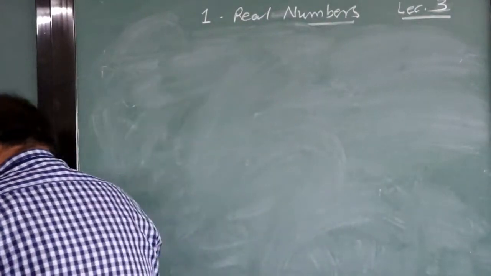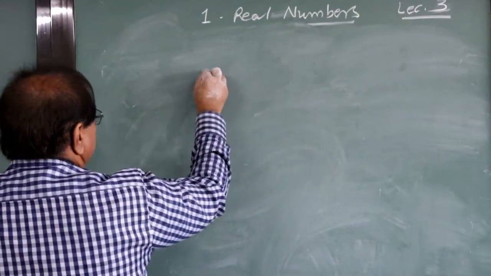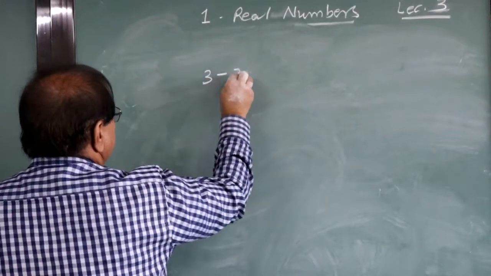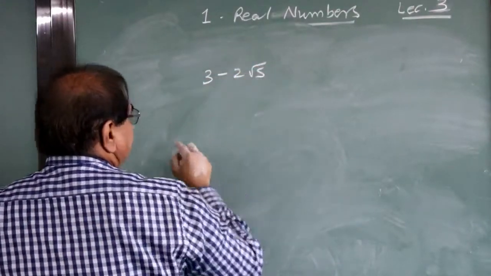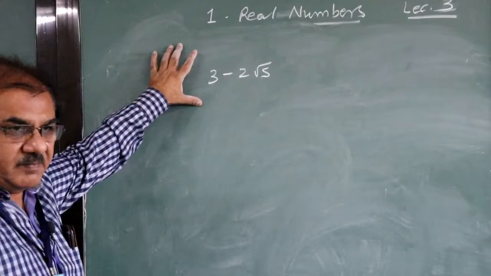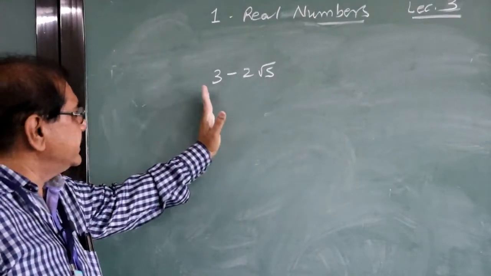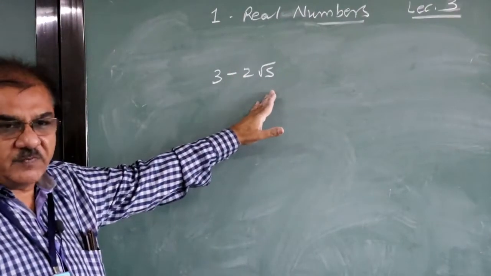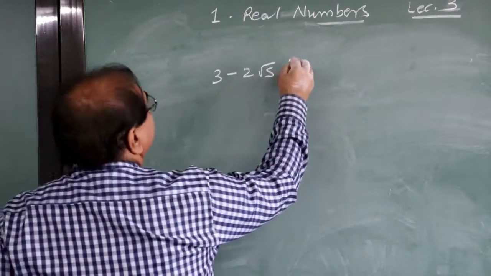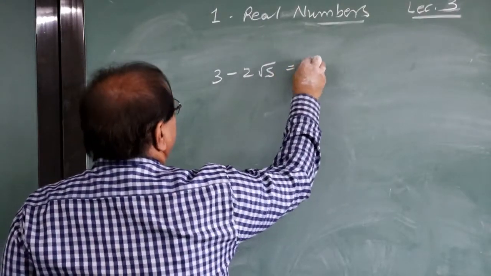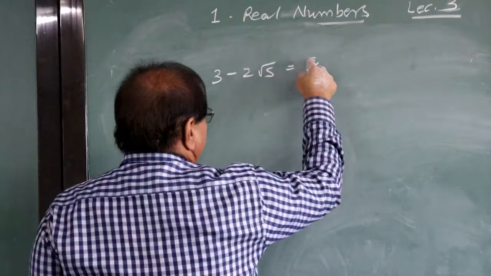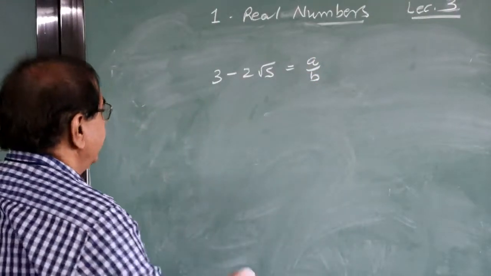In the same way, we can take the difference also. Suppose 3 minus 2 root 5. We have to prove that it is an irrational number. Again, same method. We say that 3 minus 2 root 5 is rational. So it is equal to a upon b, where a and b are co-prime. Okay.